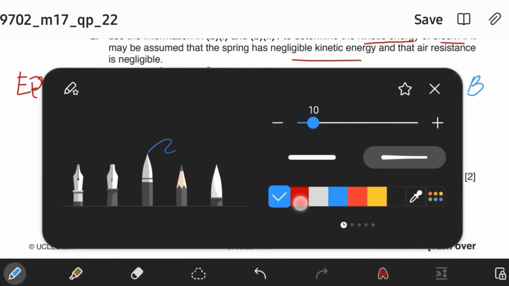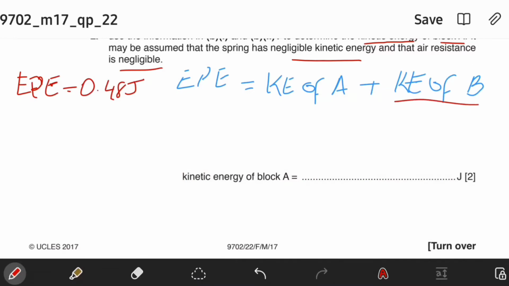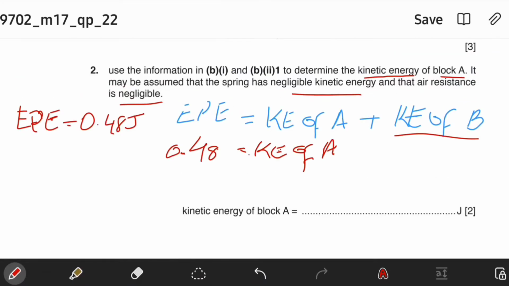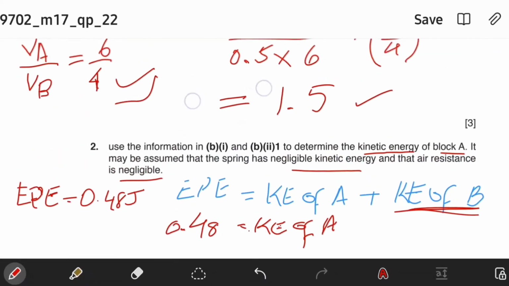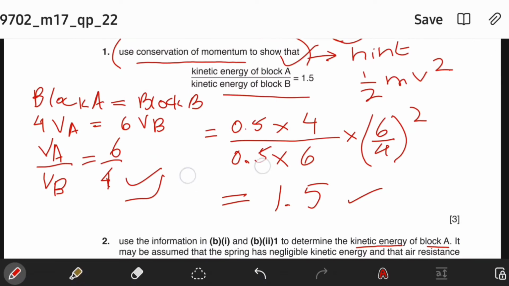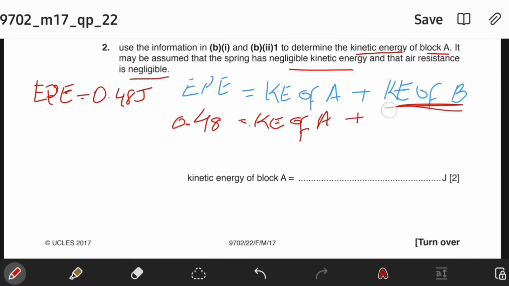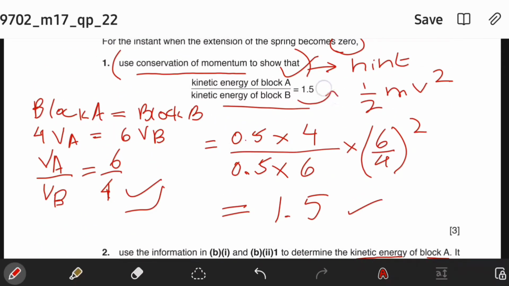But we cannot just use it as it is because this is also unknown. So we are going to convert this into, let me put it down. I can convert kinetic energy of B using the information here, which is plus KE of A over 1.5, because we shifted it here and shifted 1.5 here.